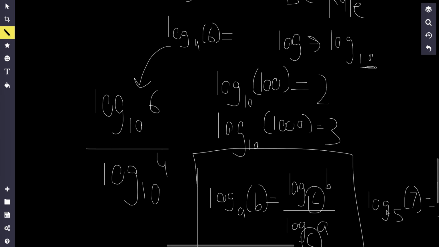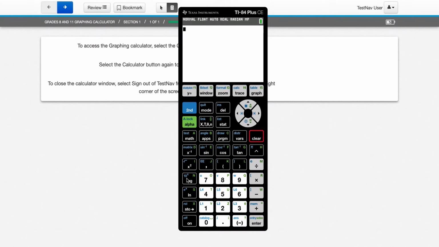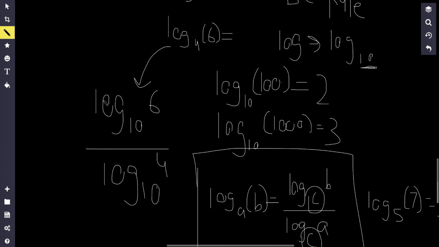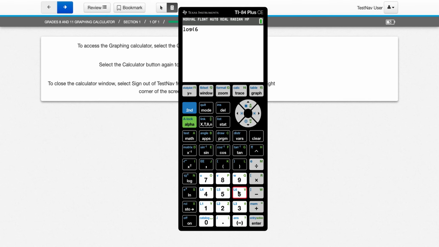In this case, because we're trying to use a calculator to solve the problem, and my calculator is in log base 10, I converted my logarithms using the change of base formula into base 10. And now I can use the calculator. So this is going to be log base 10 of 6 divided by log base 10 of 4.